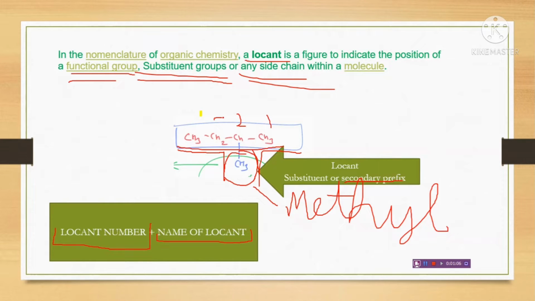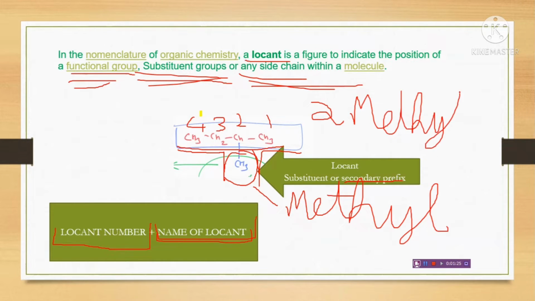For example, 1, 2, 3, 4. 4 carbon atoms are in this chain and the locant is present at the second. So the locant number is 2. By the name of the locant I mean the functional group, substituent group, or any side chain. So here the name of the locant is methyl. So the secondary prefix becomes 2-methyl.